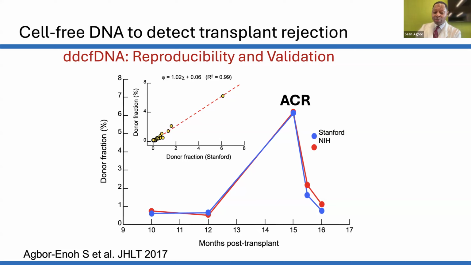On the y-axis is your fraction of cell-free DNA, and on your x-axis is time. This is a heart transplant patient from Stanford, and in blue are replicate samples measured in Steve Quake's lab at Stanford, and in red are replicate samples measured in my lab at the NIH. They really just superimpose on one another. It's a very replicable test.